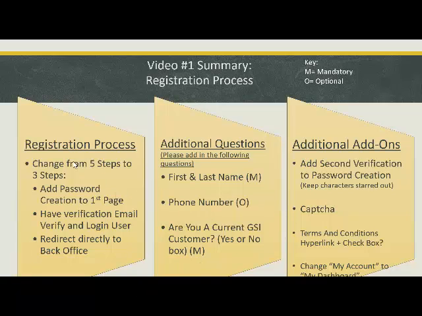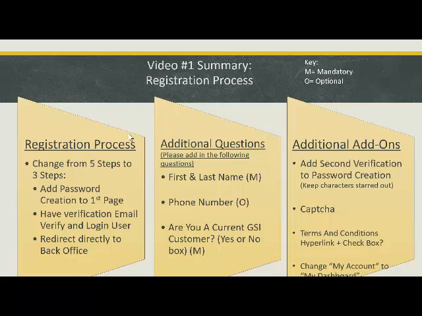So they'll enter all their information, enter their password, and it'll shoot them an email verification. When they click that link, they'll go right into the back office ready to use, versus how it is now, where they do the email, then it logs them out, and then they log everything completely back in. So this is much more streamlined.